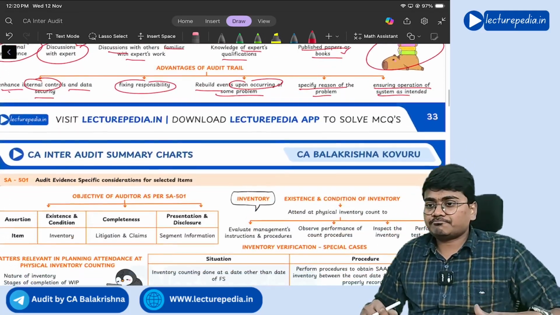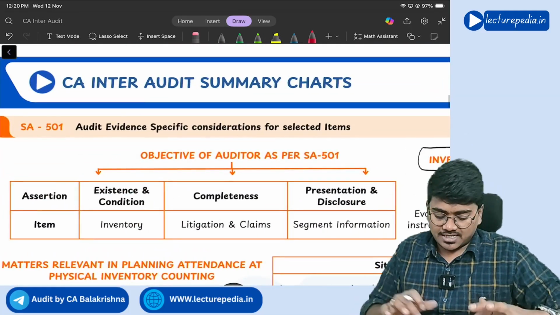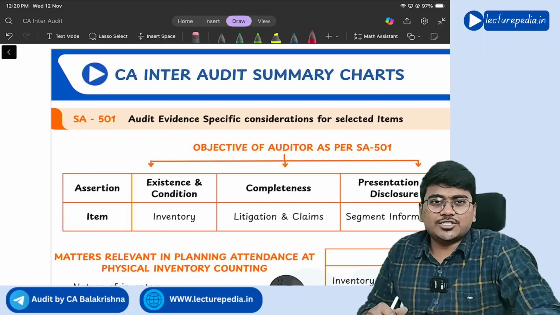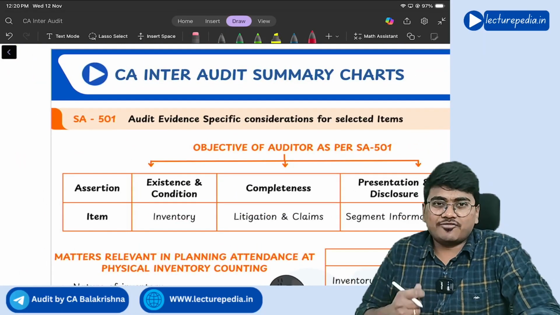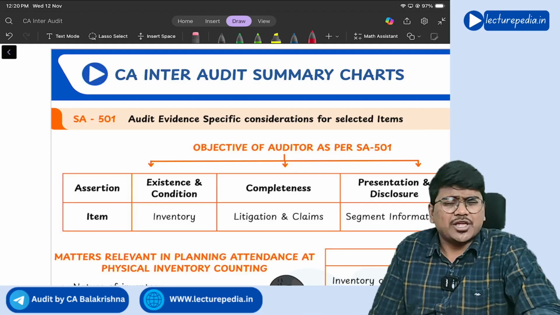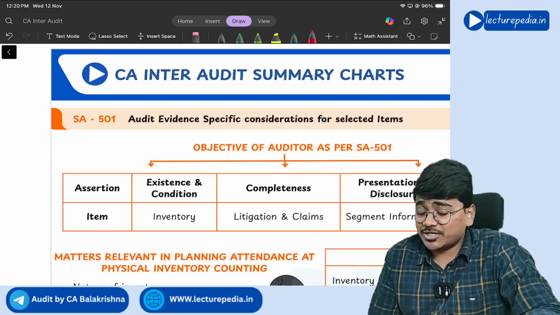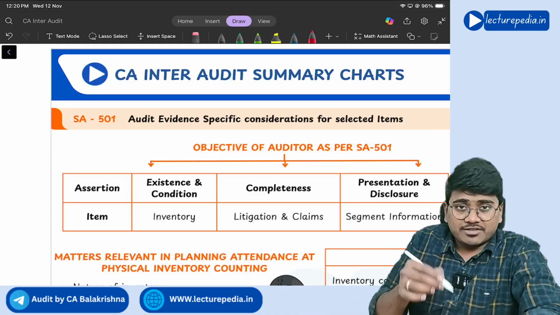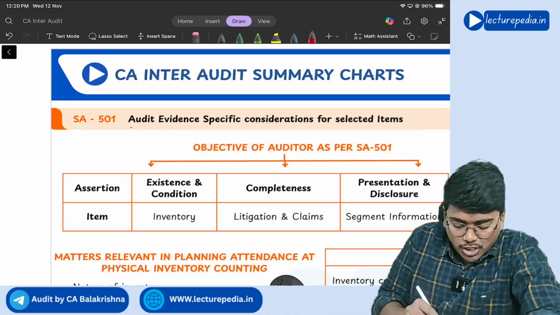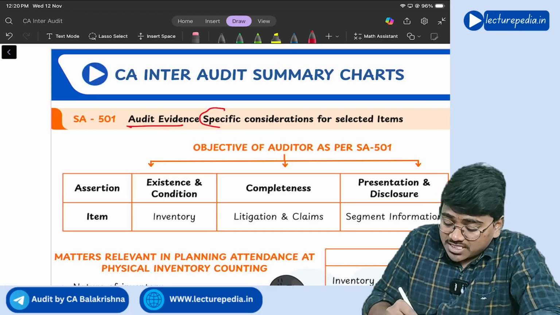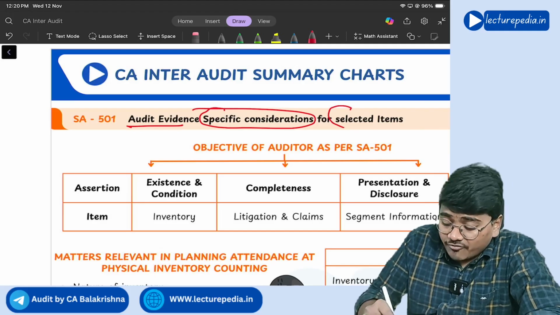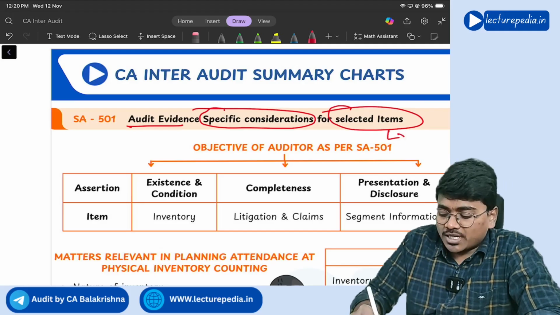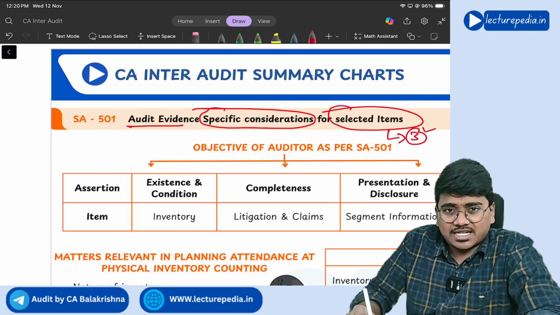Now we will start with the next standard, SA 501. I told you, SA 501 also deals with audit evidence only, but with respect to certain specific selected items. If you see even the name of the standard, it says audit evidence, specific considerations for selected items. Okay, how many selected items? For three selected items.